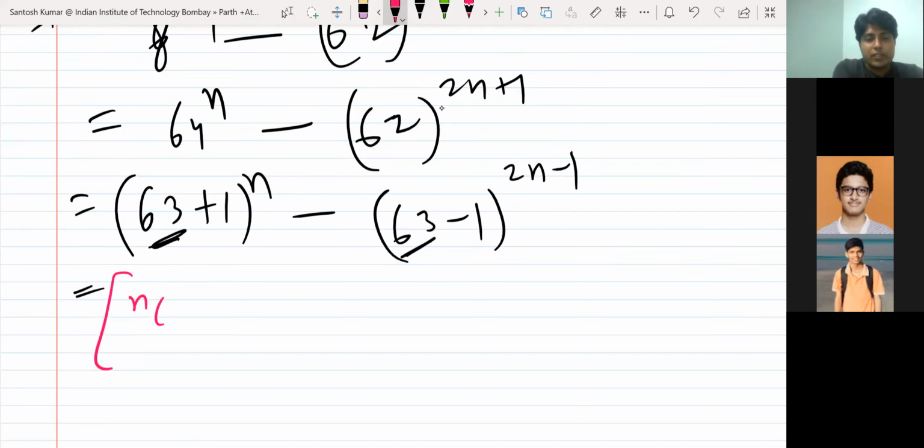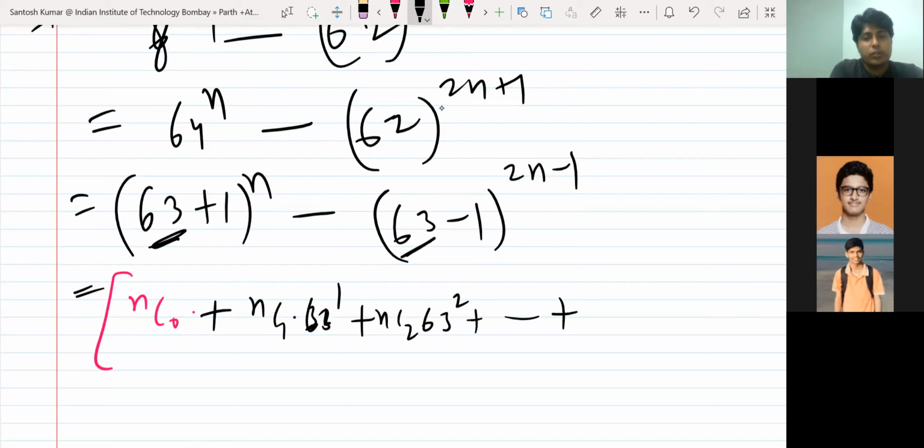So you will get NC0. It's a 1 plus 63. You consider it 1 plus 63, no problem. And suppose it's a NC0 only, and plus NC1 63 raised to power 1, then NC2 63 raised to power 2, and so on.